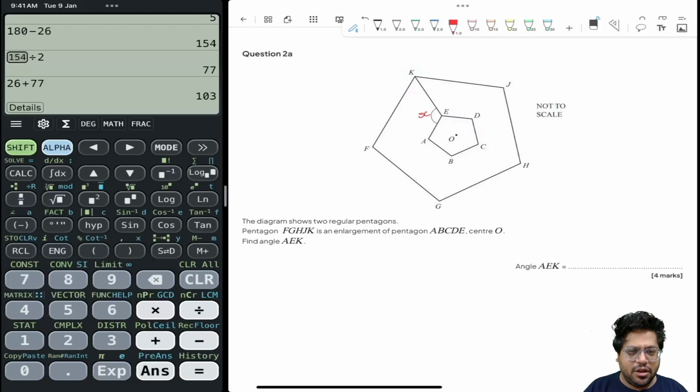Now by the symmetry of the figure, you can say that this angle is also X, right? So I'm writing angle KED, that is also equal to X, and the reason is by symmetry.